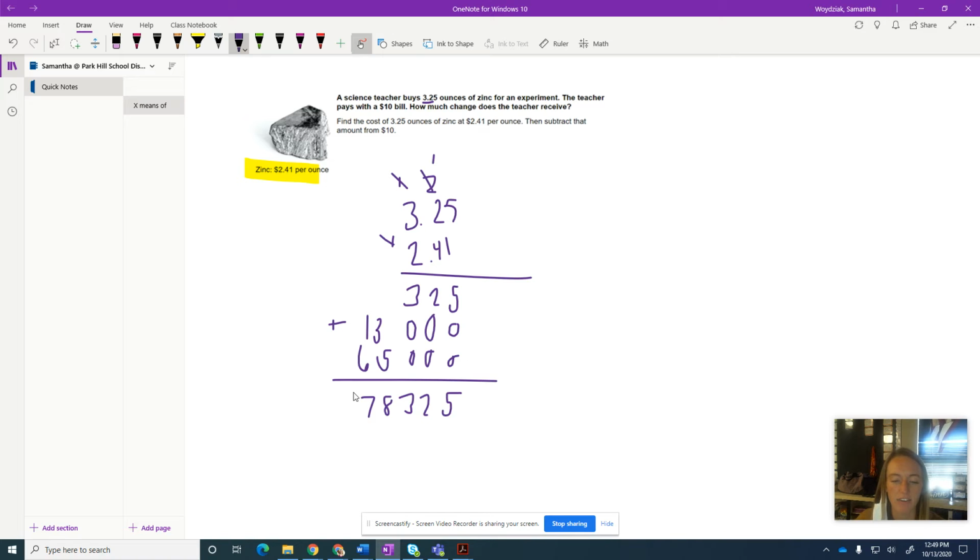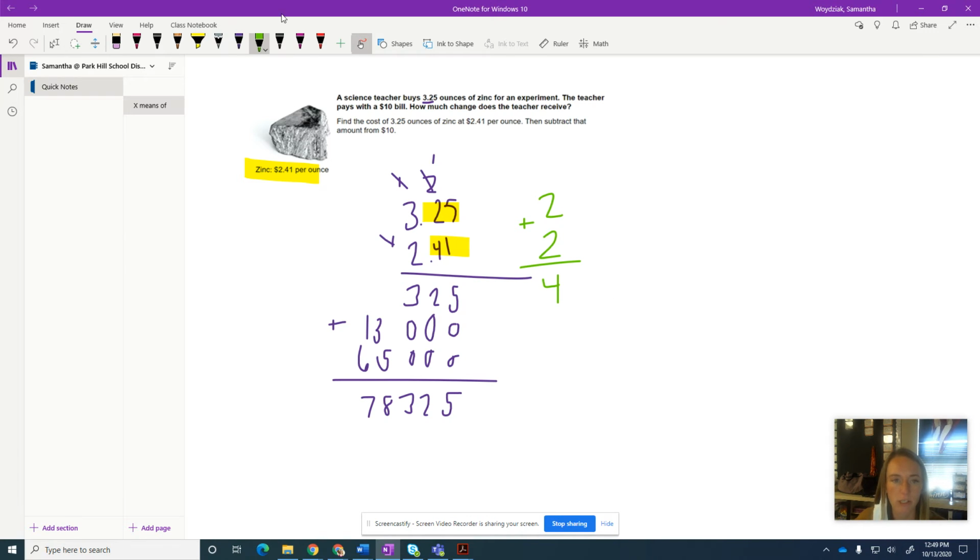All right, now I need to figure out where this decimal point goes. Well, I need to see how many numbers are to the right of the decimal on both of these numbers. I always like to write it off to the side. On the first number, I have 2 numbers, and on the second number, I also have 2 numbers. So I'm going to add this together.